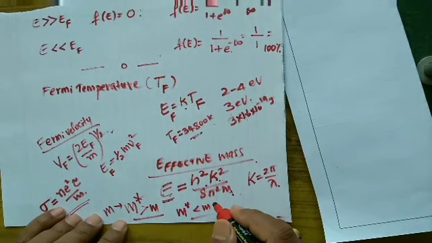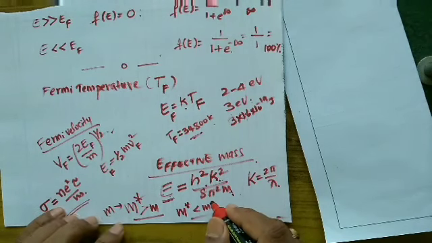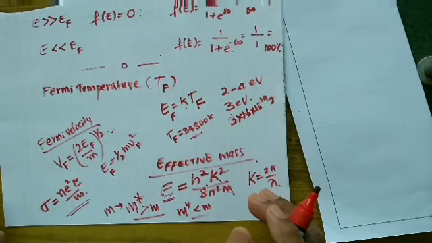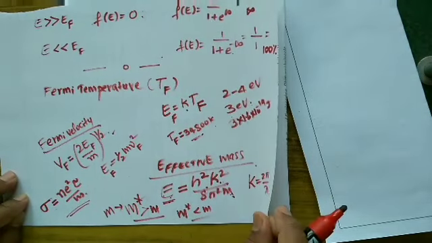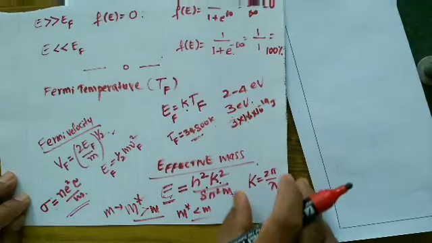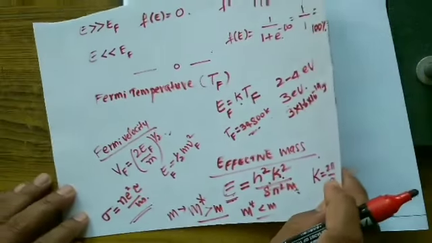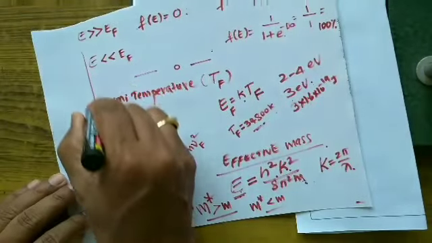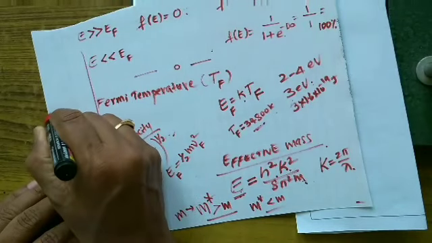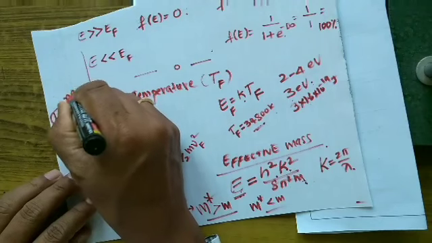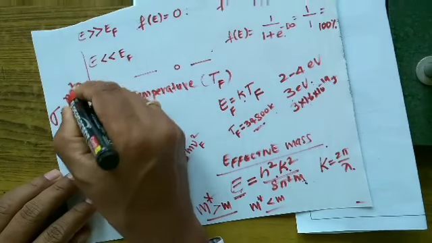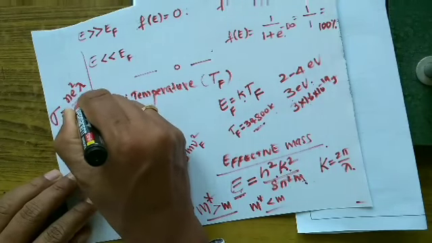Based on all such descriptions and assumptions, quantum free electron theory finally arrived at the expression for electrical conductivity, that was n e square lambda divided by m star Vf.